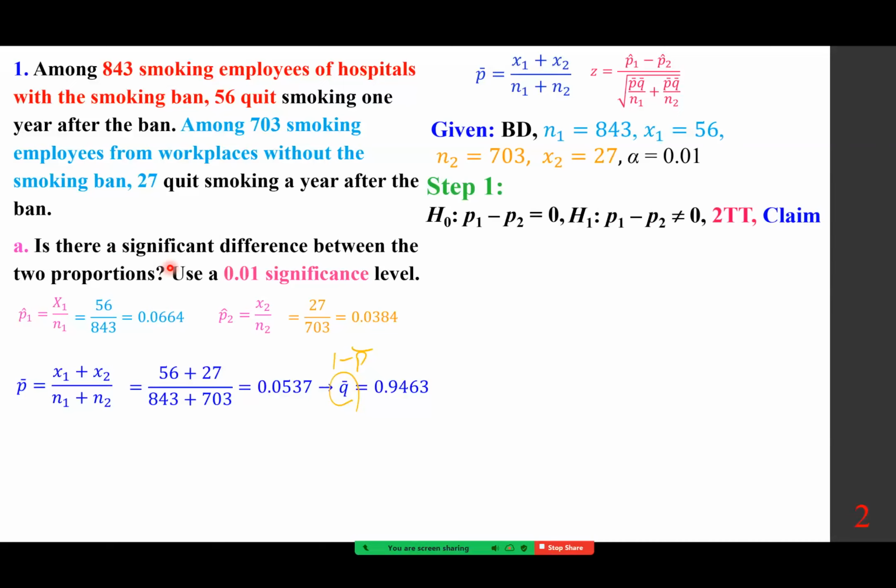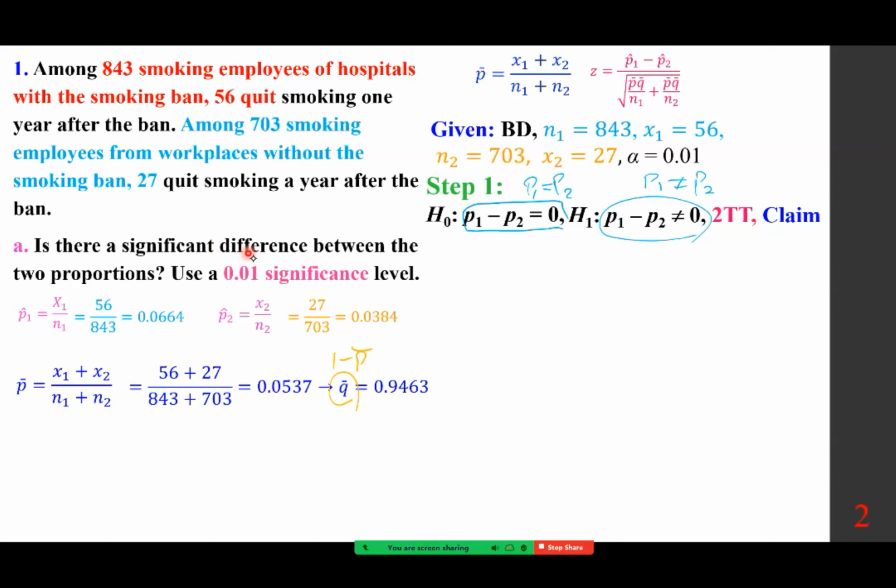By any chance, if you wrote P1 equals P2 instead of P1 minus P2 equal to 0, that's fine. Then this goes to P1 is not equal to P2. So just be consistent. Either these two or those two. This makes it two-tailed because it's not an equality, and we're going to work on that as a claim. And we are going to move on.